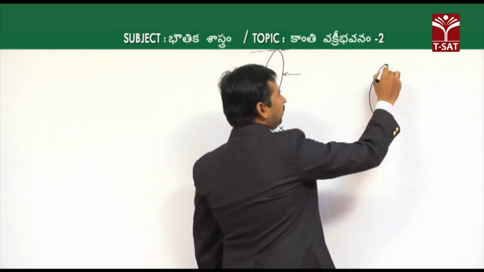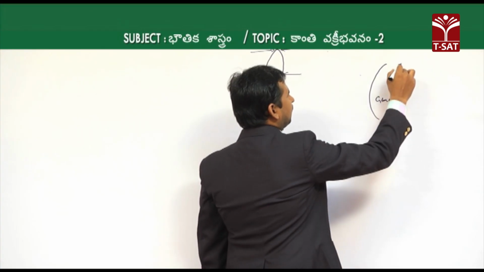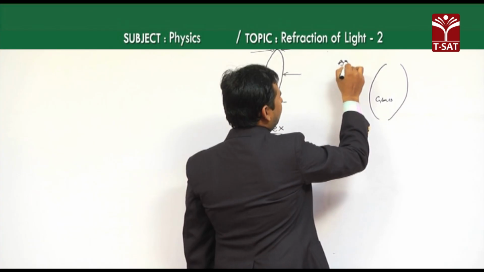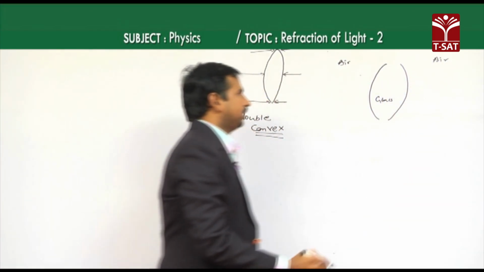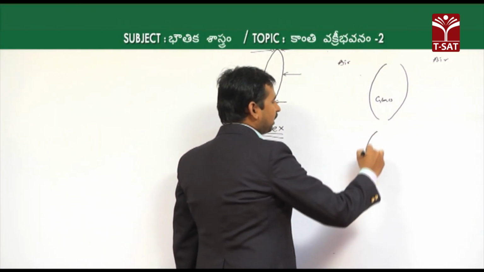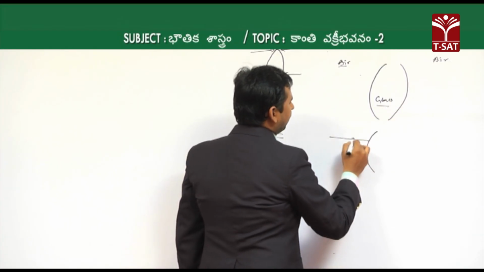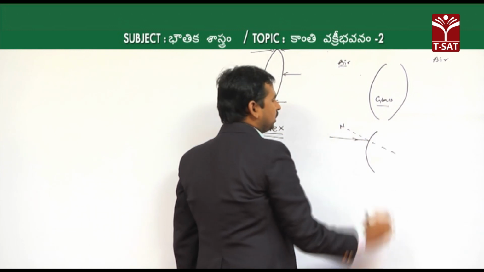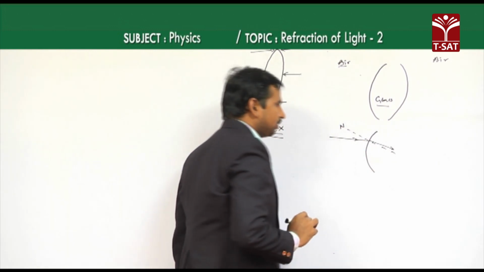Let us suppose here we have the glass medium, and after that again air medium, and the light ray comes back to the air medium like this. As we already know, whenever the light ray comes from air to glass, if this is the normal, the light ray bends towards the normal like this.